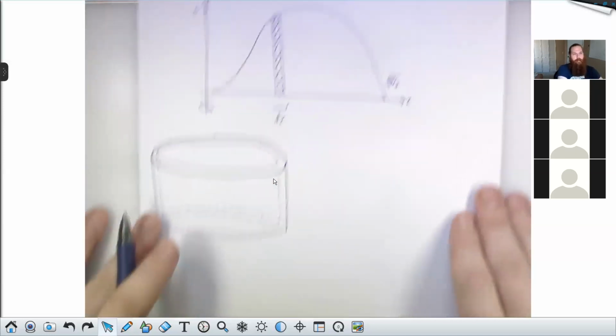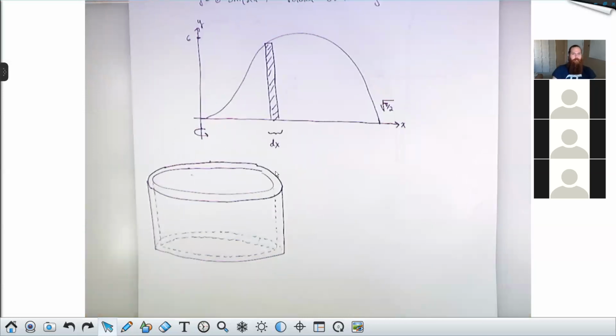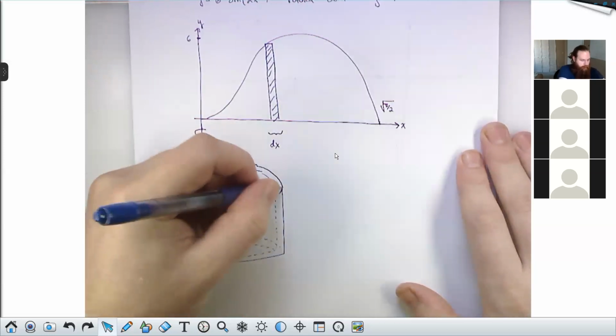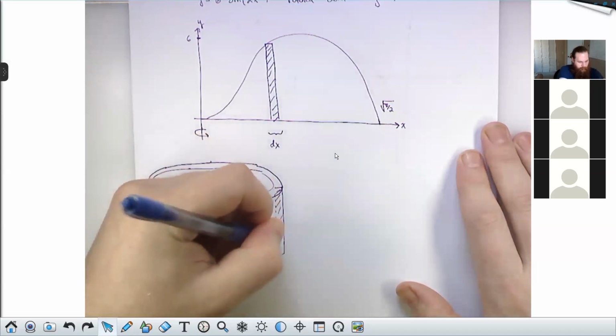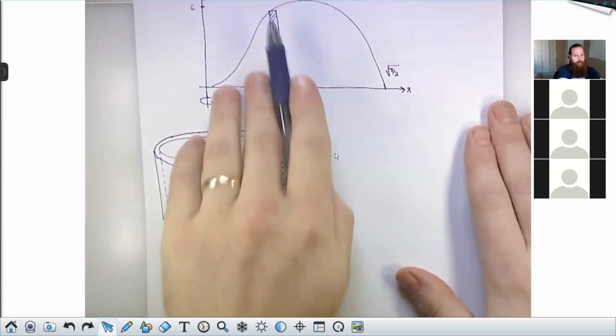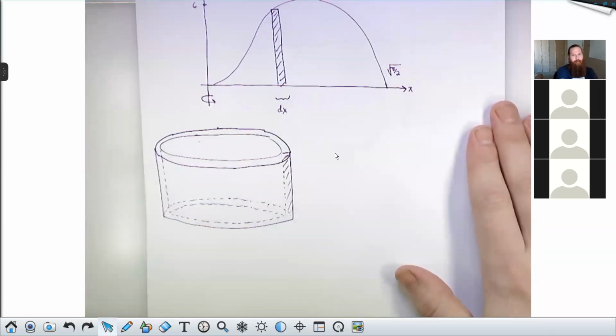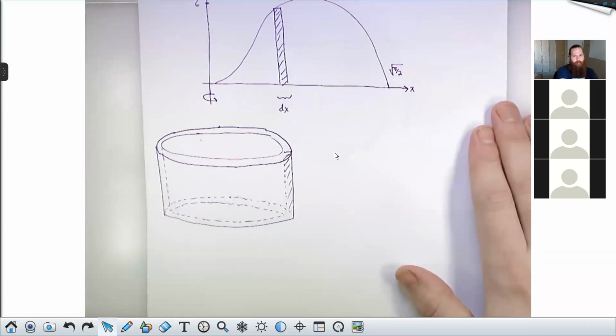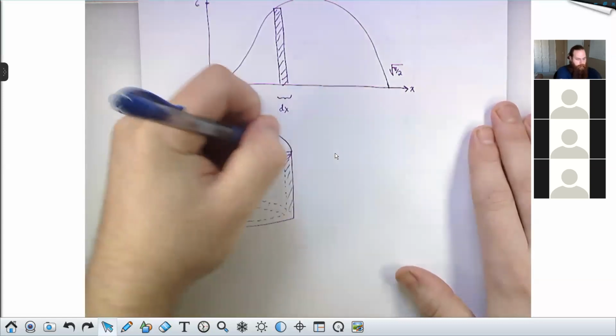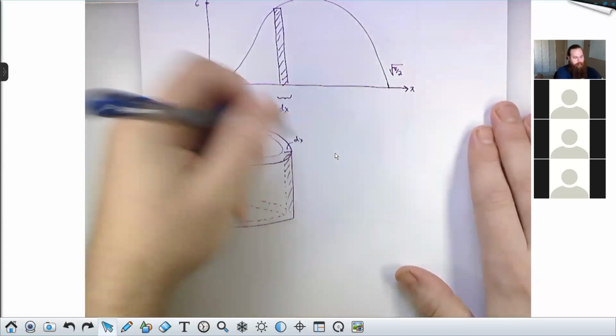So this is the cylindrical shell that I would get from rotating just this strip about this vertical axis. You can even think of seeing the strip as being right here. And if I rotate just that strip, I'll get something that's shaped like this. So this is dx.